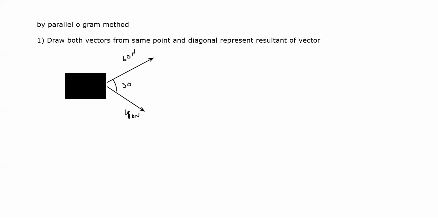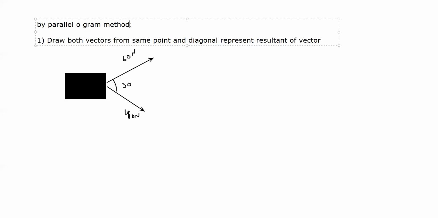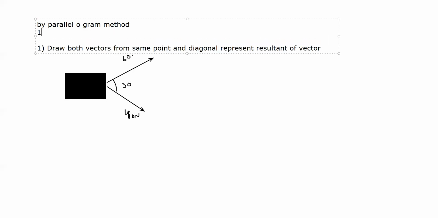In both these methods, the first step is to select a proper scale. We don't have a scale in Newton here, so we don't know what length 60 Newton stands for. So we should always select a proper scale. For example, first I select that 10 Newton is equal to 1 centimeter.